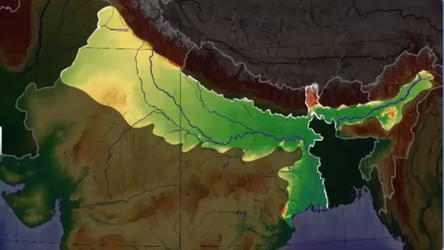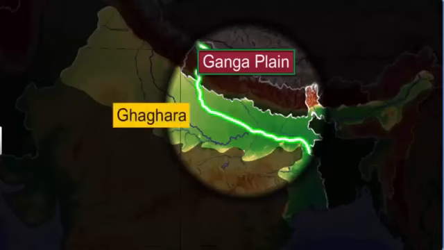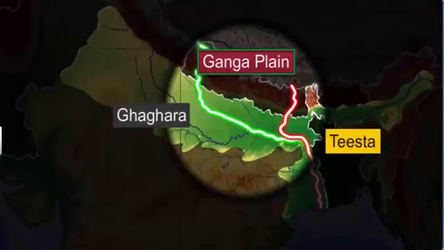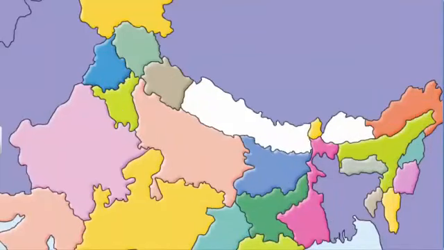Let's move to the next part of the northern plain, the Ganga plain. This plain consists of the middle portion of the northern plain and lies between the Ghaggar and the Teesta rivers. The Ganga plain spreads over most states of North India.